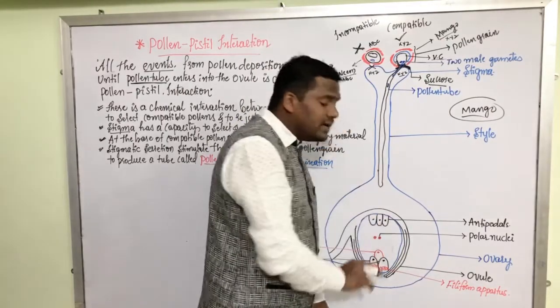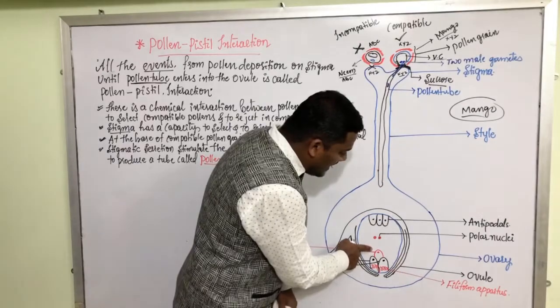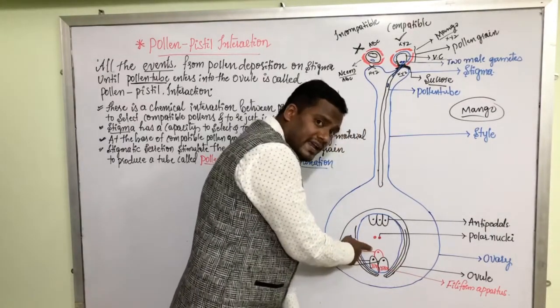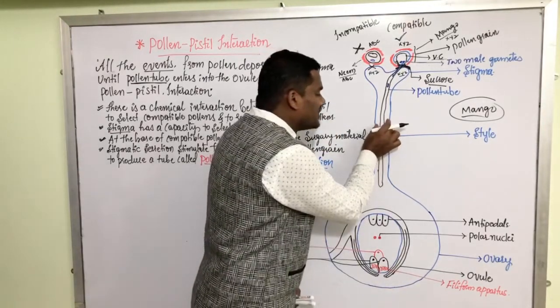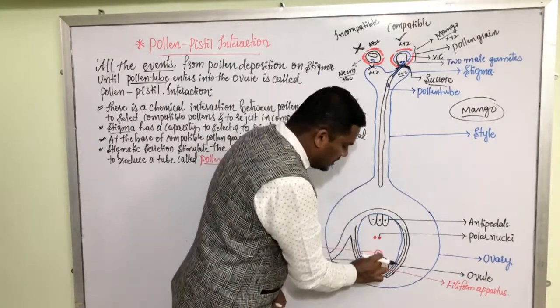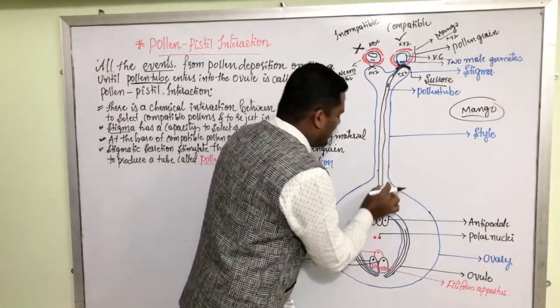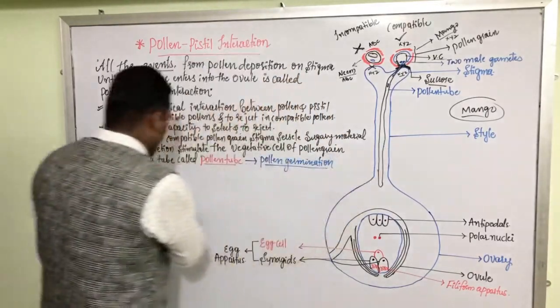Why is it growing towards the ovary? Because the female gamete is located within the ovule of the ovary. That is the main intention of growing this pollen tube towards the ovule of an ovary. Now it has reached the ovary. Let us write the point here.